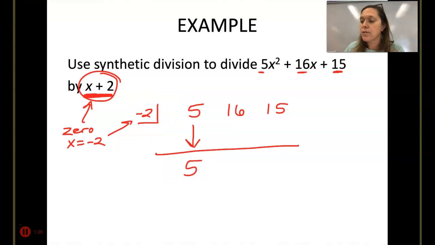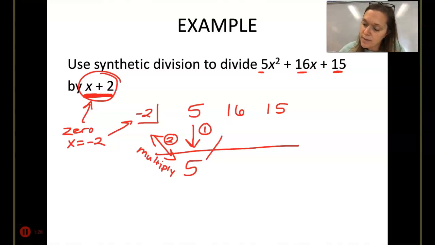I'm going to write it out just so you have it for your notes. This is your first step, move number 1. Move number 2, multiply, and then put that product here. So that's negative 10. This is going to look really crazy, but this is the best way I can see for you guys to put it in your notes. Then your next move is to add.